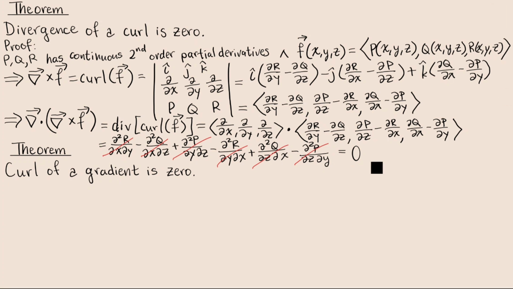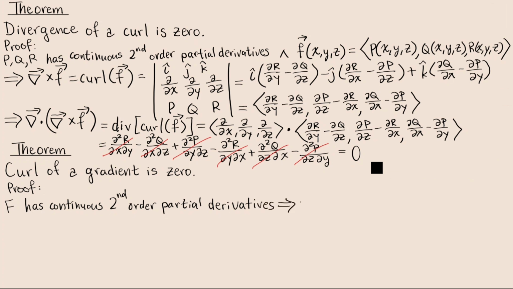Now, the proof for the second one is as follows. We're going to have the scalar function f. It has continuous second order partial derivatives again, because we're going to utilize Schwarz's theorem later on.